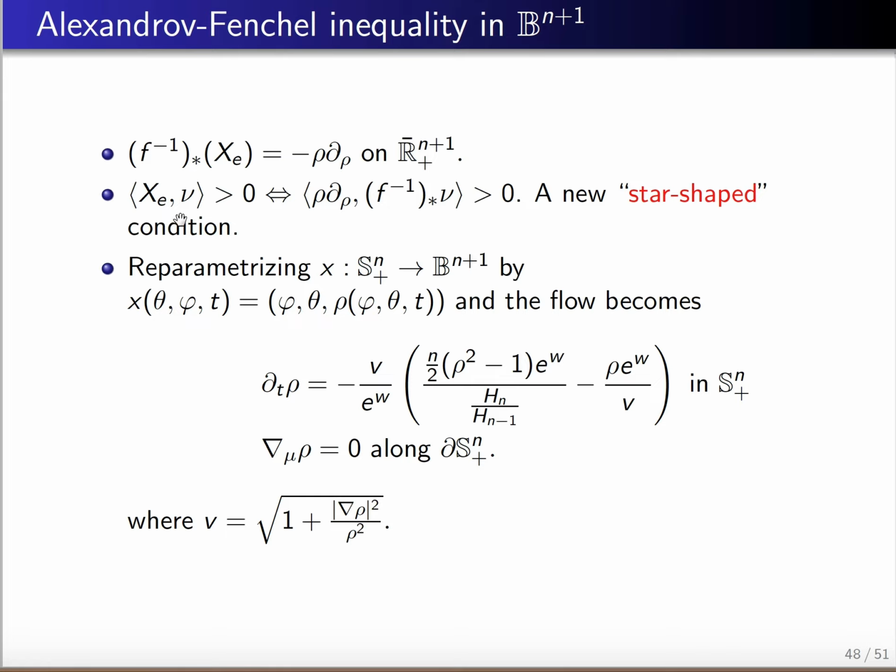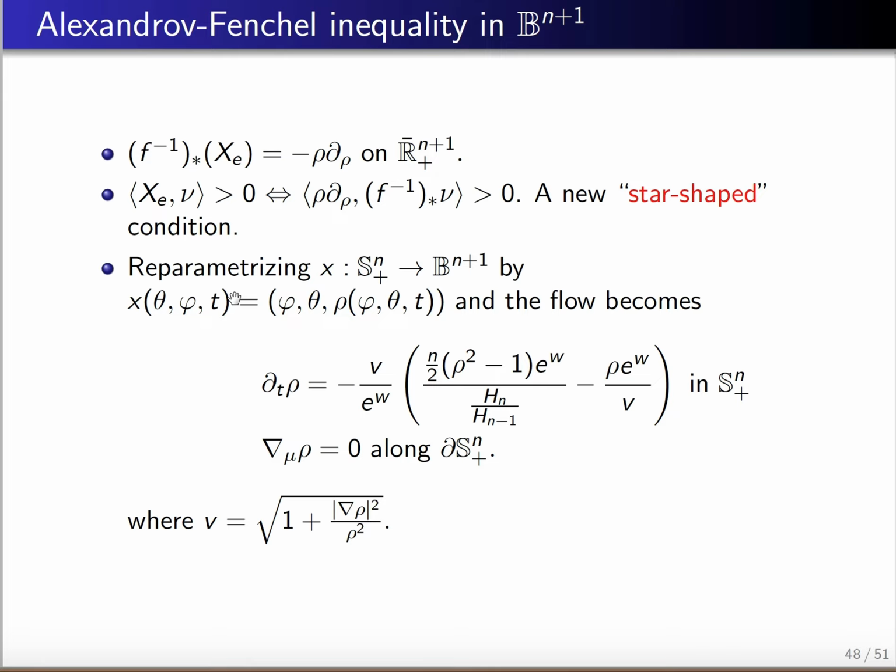So the star-shaped condition on the half space is just that the position vector dot with the normal is positive.